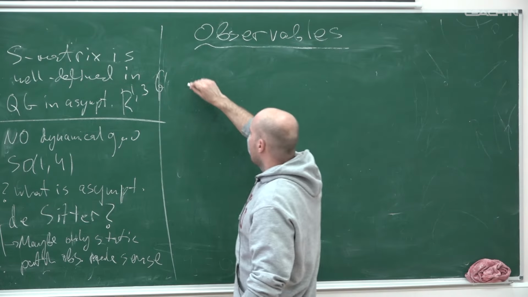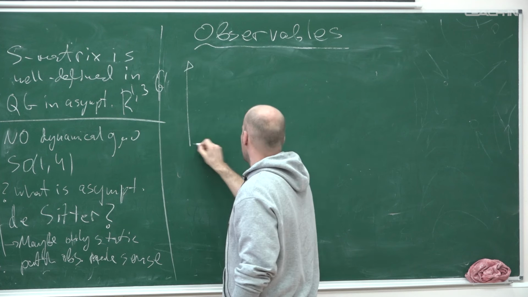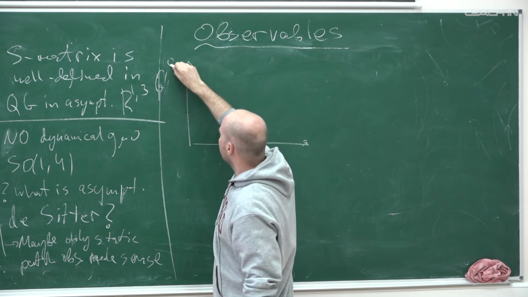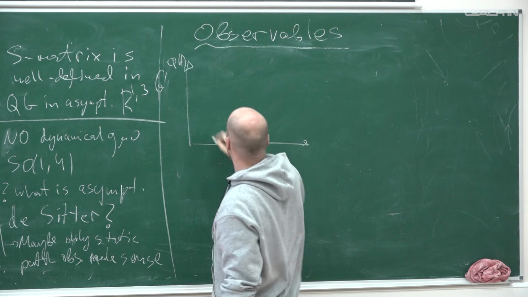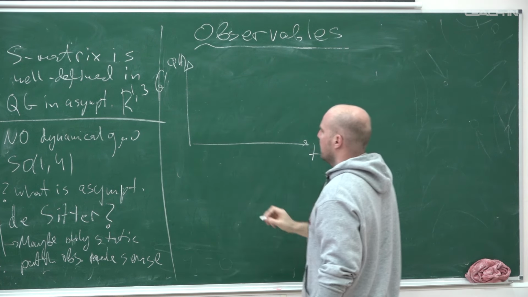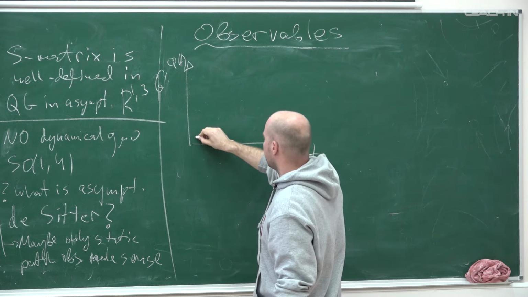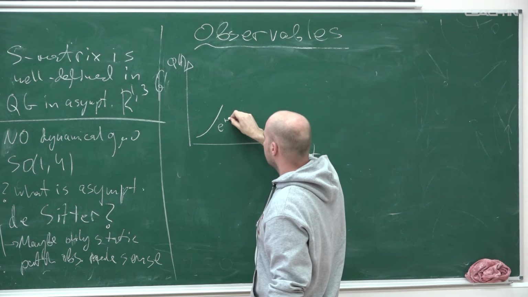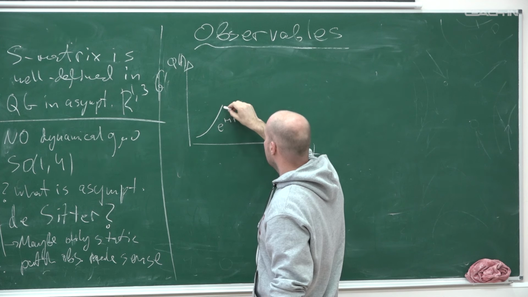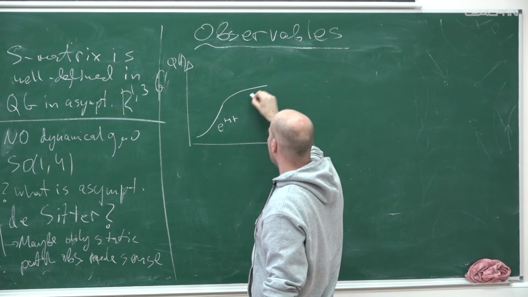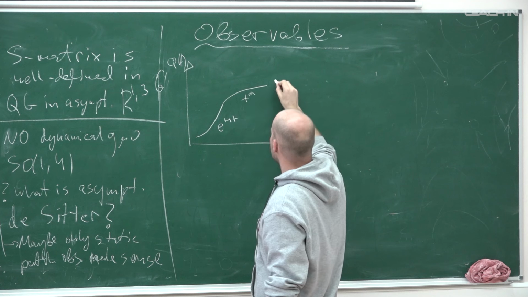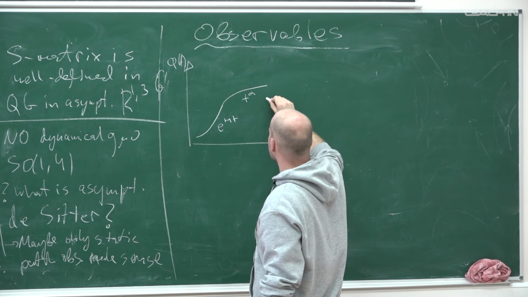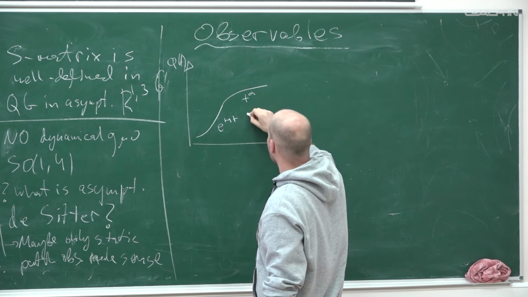So for this, we recover our picture of the scale factor as a function of time. And again, let me assume that inflation was actually true, so I draw it as e to the Ht here, and then I have some power law, t to the alpha, and actually this alpha is smaller than 1.